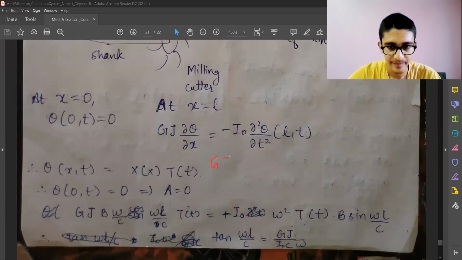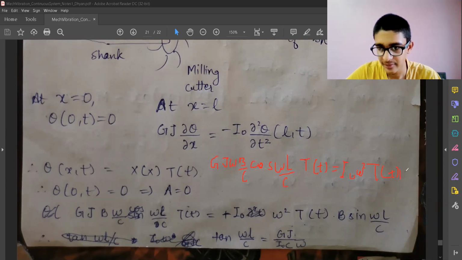I have GJ omega B by C into cos omega L by C into T of t is equal to I naught omega square T of t into B into sin omega L by C.